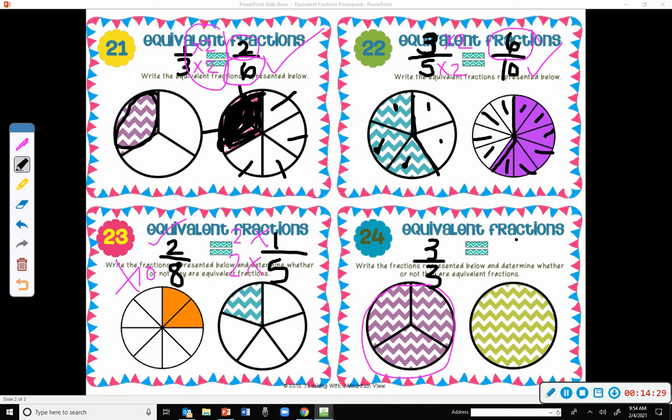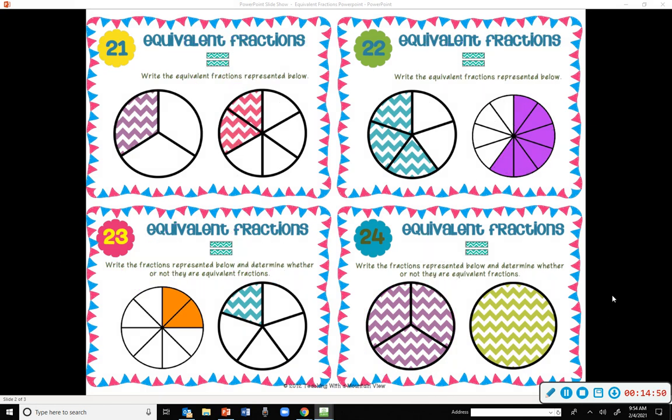No, 1. Just one whole, okay. Can I use multiplication here too? Not really, because it's a whole. But we know that anytime the numerator and denominator are the same, that means it equals what? A whole. Okay?